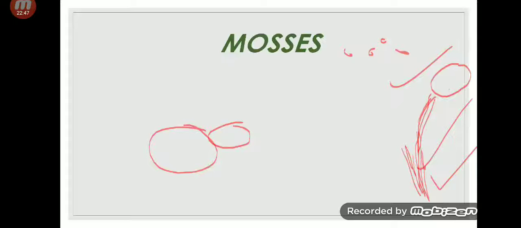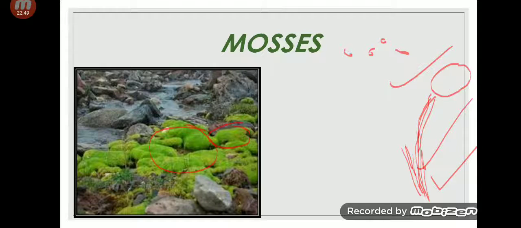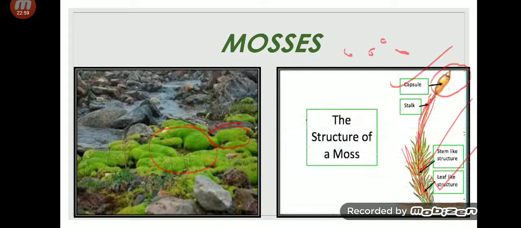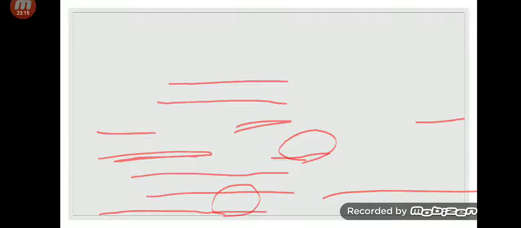You can see in the picture how small their leaves are. If sunlight falls on them, their leaves will dry out. This is the structure of a moss. It has a stem-like structure, a leaf-like structure, and a stalk which holds the capsule. Inside the capsule there are spores, and these spores are used for reproduction.